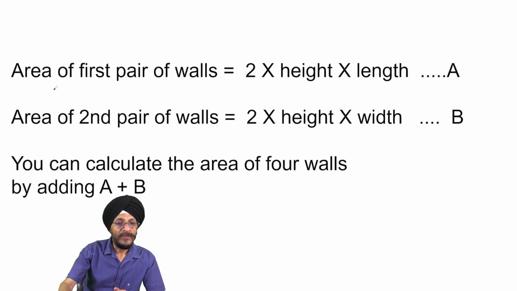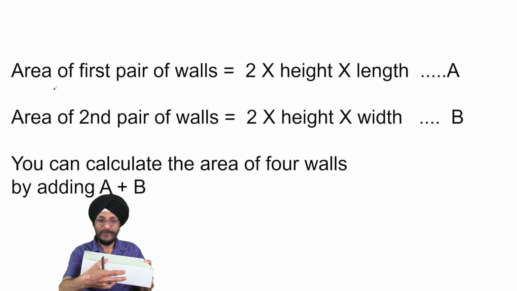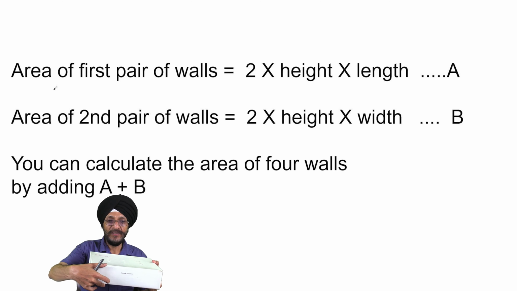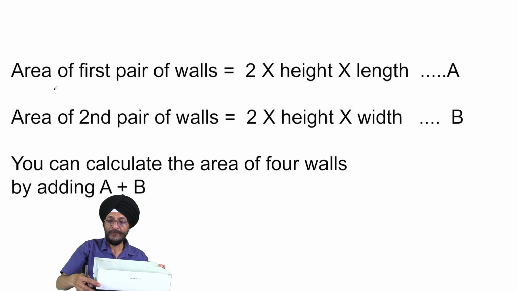Now you can see that this is the first wall, this is the height and this is the length. When you multiply length by height, the area of one wall will be before you, and when we multiply it by 2, the area of two identical walls will come out.